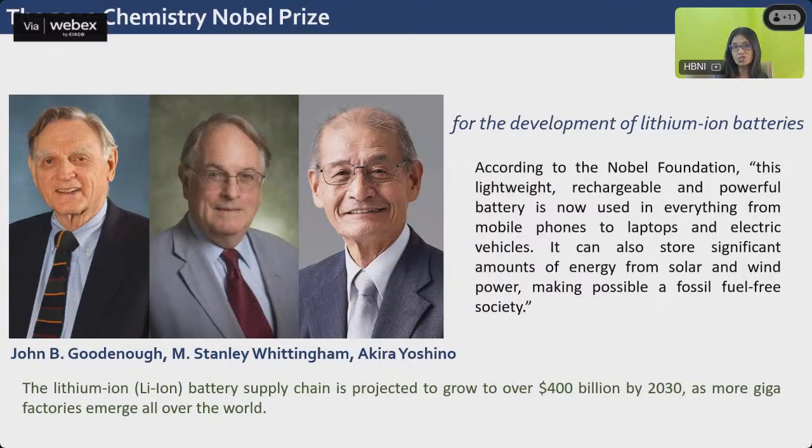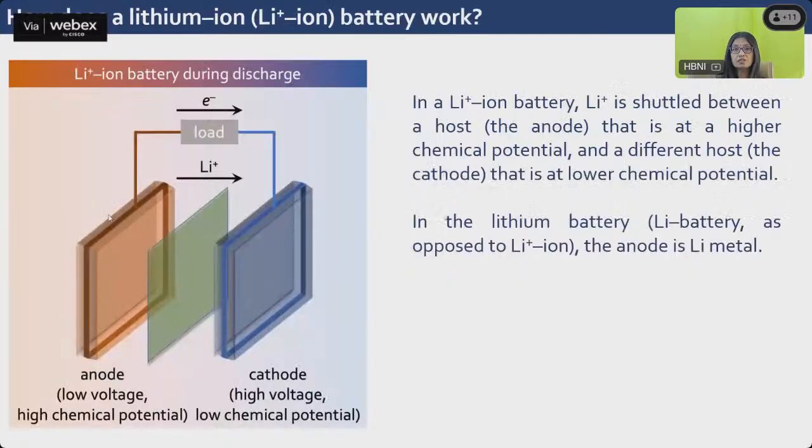That was the application for which it was awarded the Nobel Prize. And by 2030, this lithium-ion battery supply chain, from mining to fabricating the battery, to its use, to its recycling and reuse, is going to go up to a $400 billion market, as more and more gigafactories emerge all over the world.